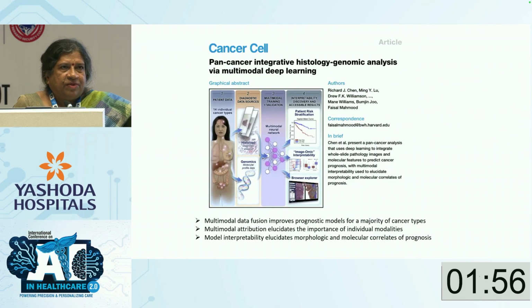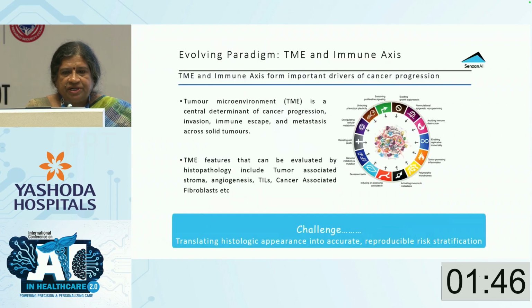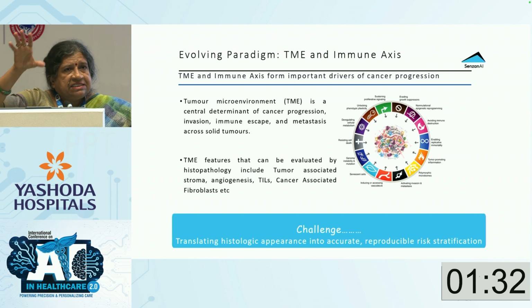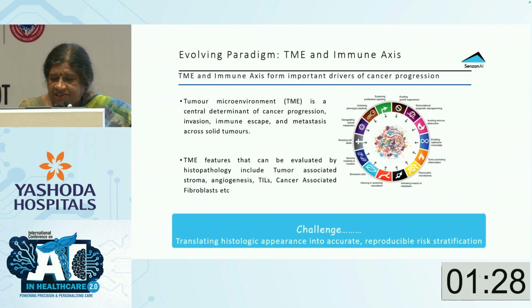So the latest update is to combine data which are present in various silos, bring them together and make sense out of it. And then coming to tumor microenvironment and immune axis, the basic challenge in routine practice is translating histological appearance into accurate, reproducible risk stratification, because there are too many cells present in the tumor microenvironment and the immune axis.